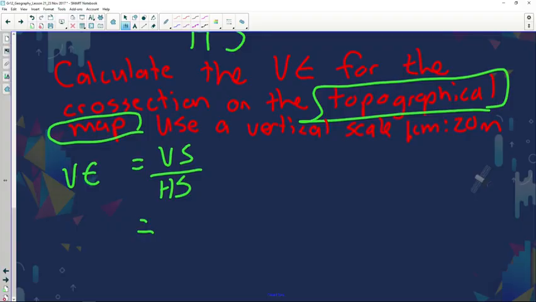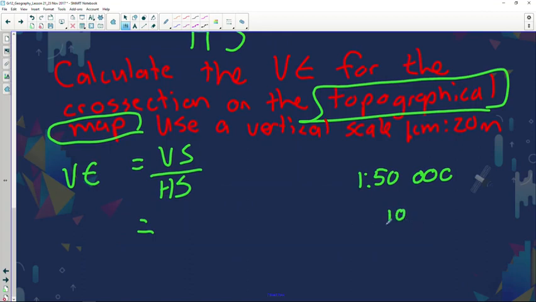Now, what is the vertical scale? 1 centimeter represents 20 meters. But we need to convert it. Because the 1 to 50,000, what does that mean? 1 centimeter represents 50,000 centimeters. So how many centimeters are there in 20 meters? Let's go back to the basics. How many centimeters is there in a meter?